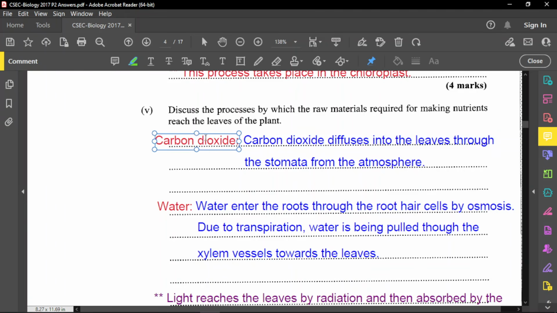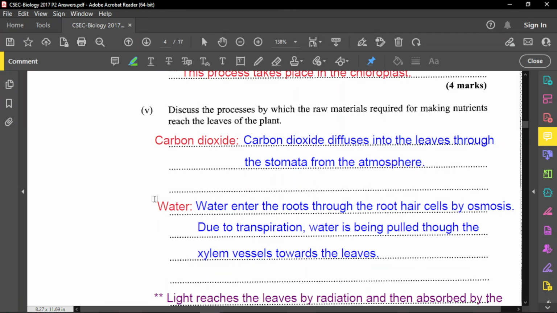And so here now, carbon dioxide will diffuse into the leaves through the stomata from the atmosphere. So that's how carbon dioxide reaches into the leaf. And once it's in the leaf, it will go through the air spaces within the spongy mesophyll layer. So you could add those things in, and then it will diffuse through the leaf and go to the target cells, such as the spongy mesophyll cells and the palisade mesophyll cells. All right.